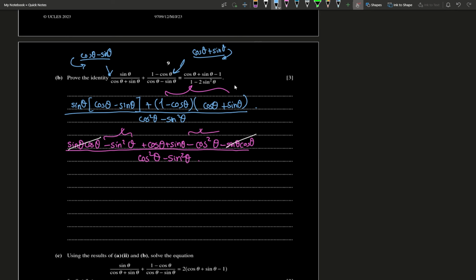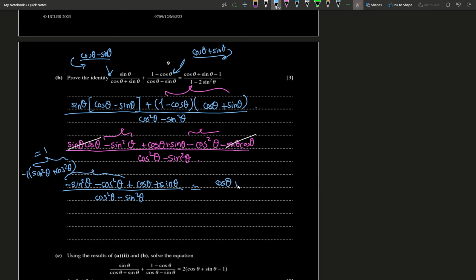You'll see in a moment هنعمل ايه بالظبط. لو كتبناهم جنب بعض negative sine squared of theta minus cosine squared of theta كده plus cosine plus sine, divided by بقى cosine squared minus sine squared. هتلاحظ ان احنا if we factor out negative 1 from both our first two terms we'll end up with negative 1 times sine squared plus cosine squared، ودوت is equal to 1 according to a trigonometric identity. فالنيجاتيف 1 times 1 is equal to negative 1. فاحنا ممكن نكتبها as cosine of theta plus sine of theta minus 1 divided by cosine squared minus sine squared.